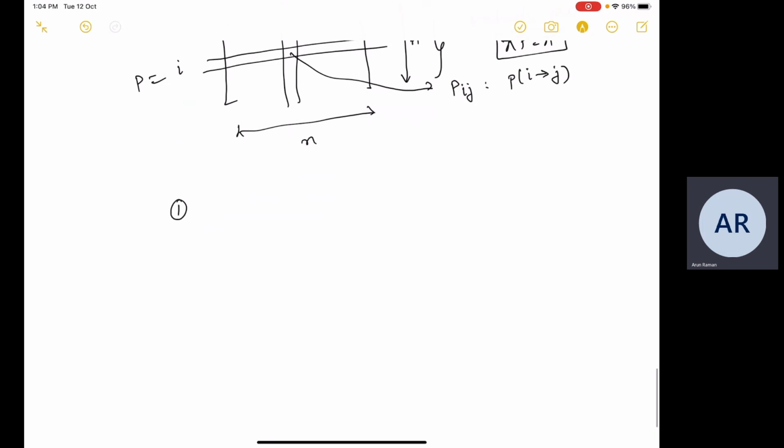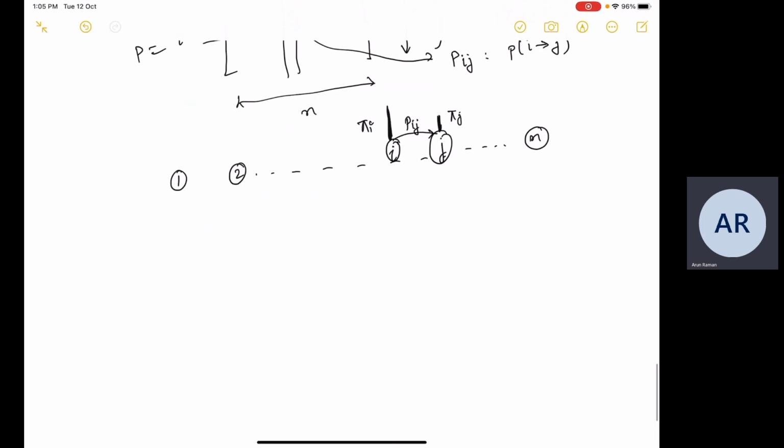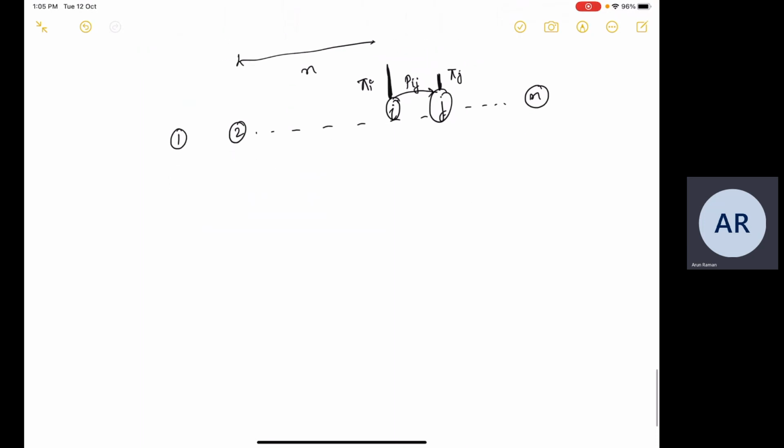If we have to understand it further, we can also write it in this way. Suppose we have state i and state j. These are our n states, and we have pi i and pi j, like matchsticks of different lengths. Given pi i and pi j, we want to find Pij, or Pji.